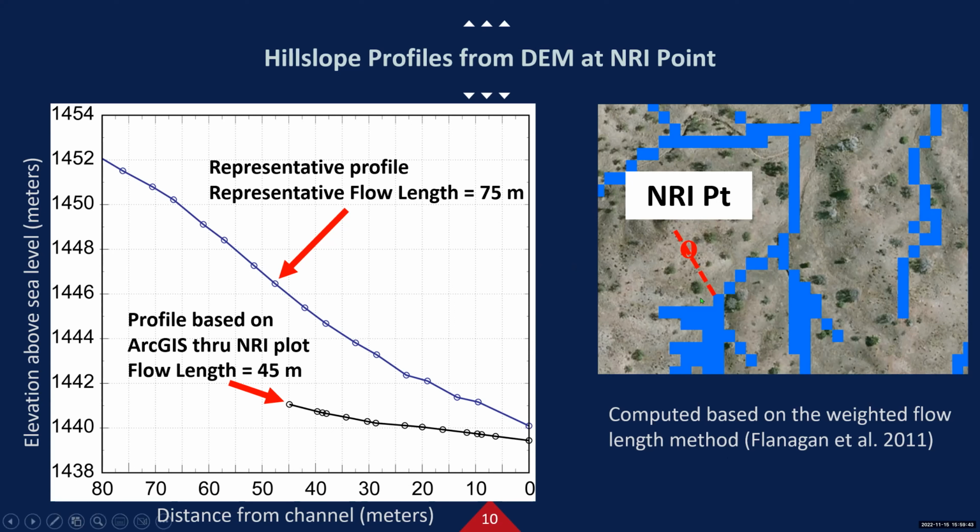So we had one of our graduate students basically do the exercise of tracing both the length and the elevation change down this flow path with ArcGIS. And if you follow this path down, you get a flow length of 45 meters.